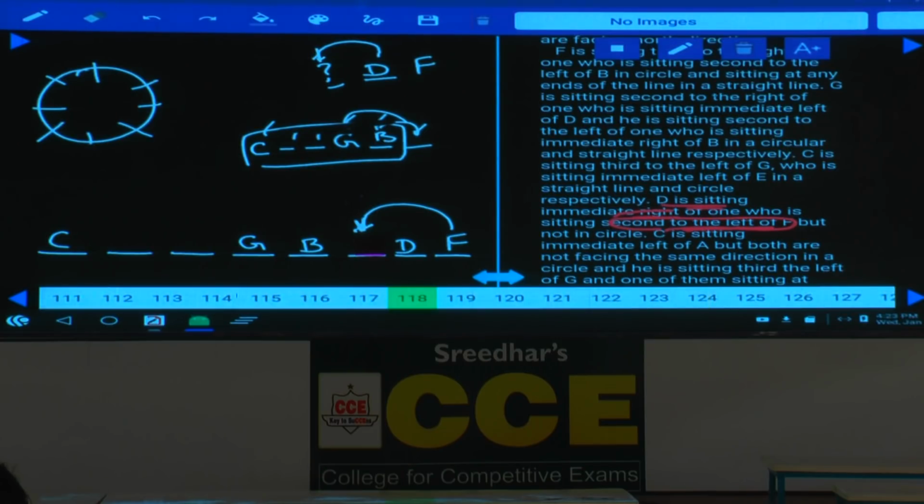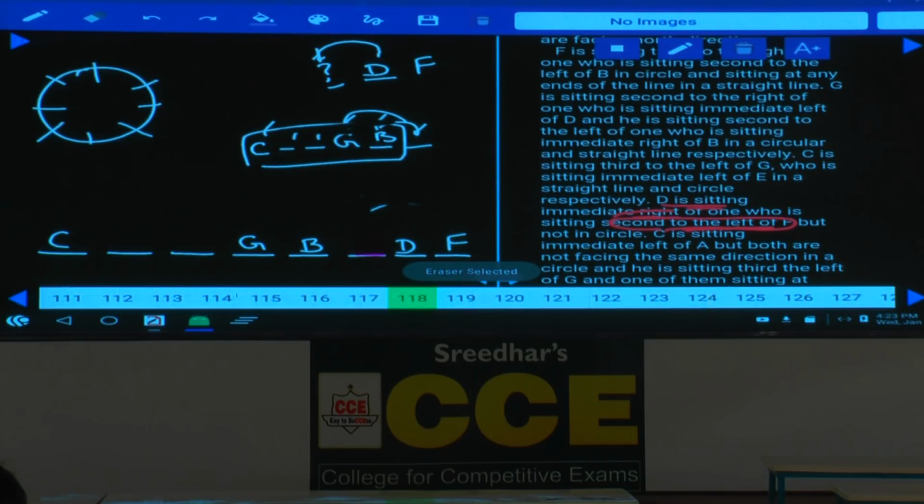This person is seated to the immediate right of the one second to the left of this person. Done? Where is this D? This D is seated to the immediate right of whom? Second to the left of F. F is at this place, isn't it?